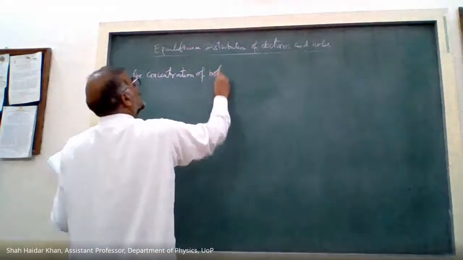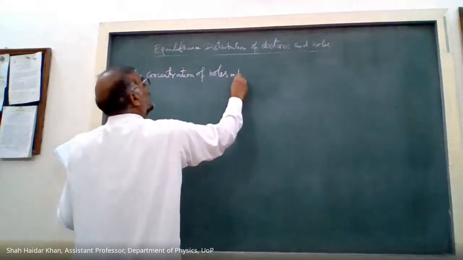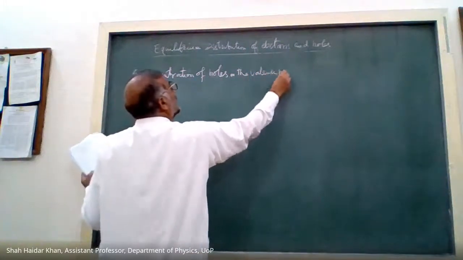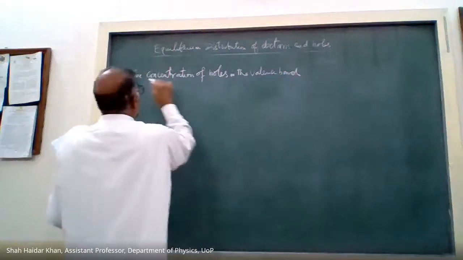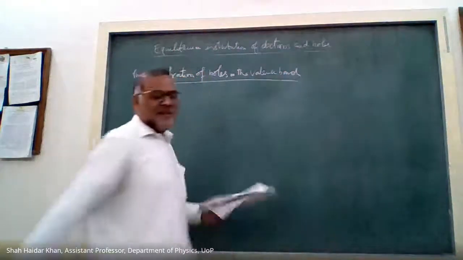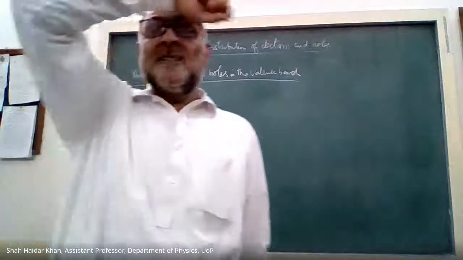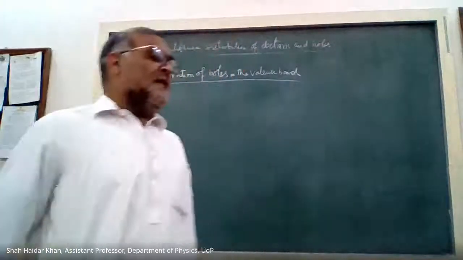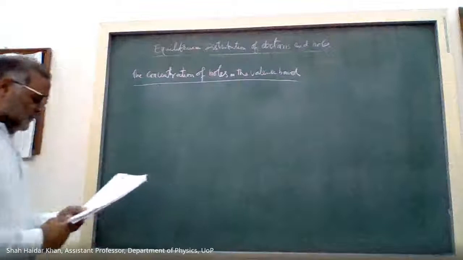Now we want to find the concentration of holes in the valence band. What is the concentration? How many charge carriers are there per unit volume in the valence band, right?